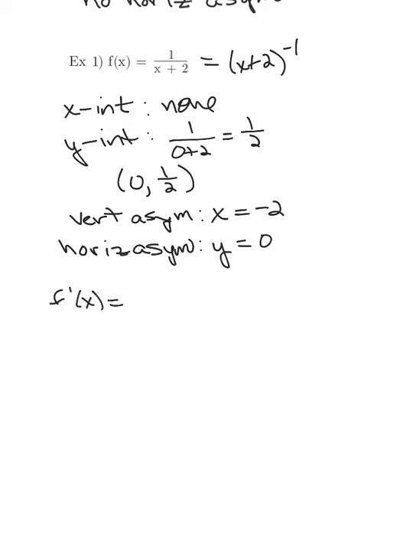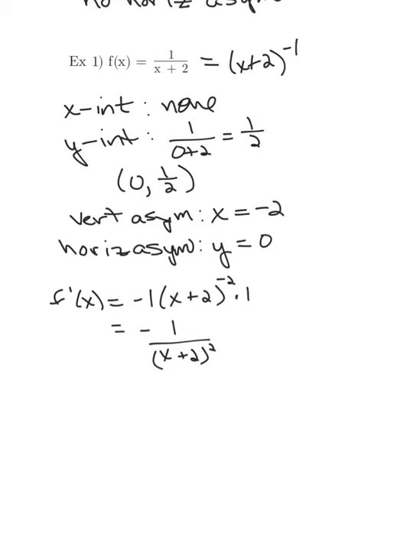Doing the chain rule, we're going to drop the 1 to the front. Inside will stay the same. New power, we go down by 1, so it's the -2 power, times derivative of the inside, which is 1. That can be rewritten as -1 over x plus 2 to the +2.